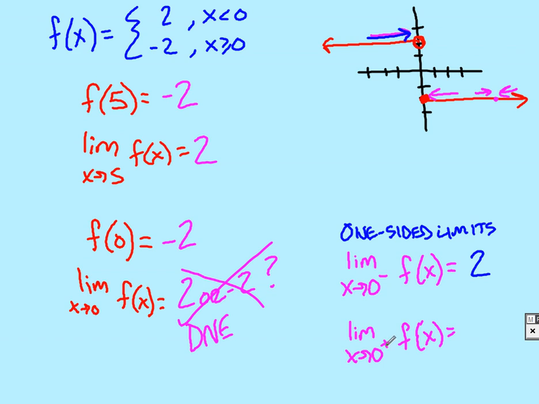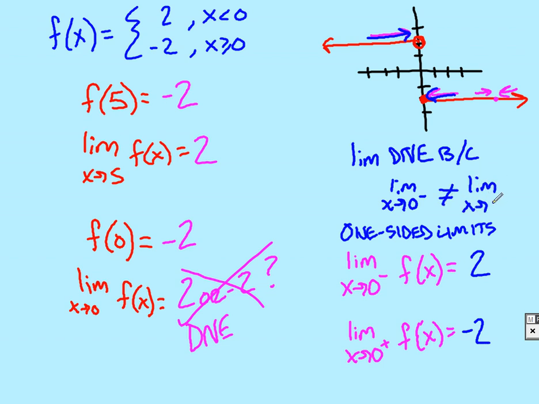When I go from the right, the positive, I'm approaching, in this case, a negative 2. And notice, the limit from the left does not equal the limit from the right. That's why the limit does not exist. So I would even write that the limit does not exist, because the limit as you approach x from the negative is not the same, does not equal, the limit as you approach x from the positive. And that's all we need to look at in terms of looking at limits based on their graphs.